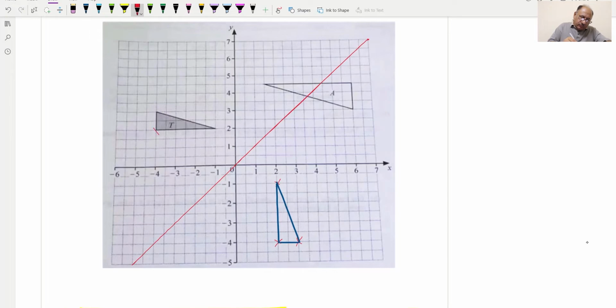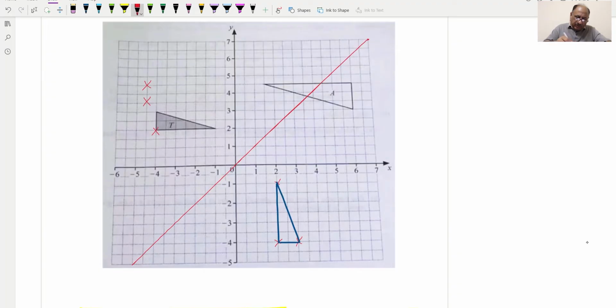So we can move this 1 unit left, and then it will be 3 units up. So 1, 2, 3, and we will reach here. So this vertex will be moving to this new location, and then 2 units up this one. So we can take 1, 2 units, and we will reach here.